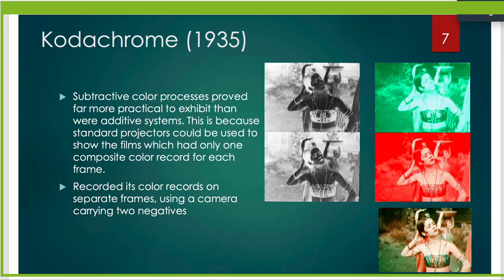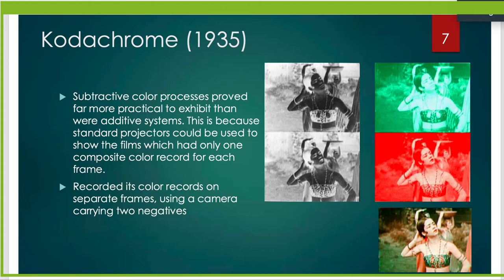And then we have what really caught on for quite several decades called Kodachrome, developed by Kodak. It was a subtractive color process. It was much more practical. And essentially, what it did is it used the RGB process and system that we currently use, red, green, and blue, rather than red, yellow, and blue like we're familiar with painting, right?